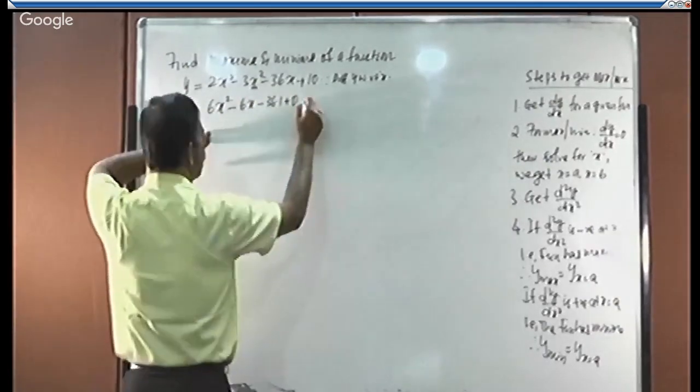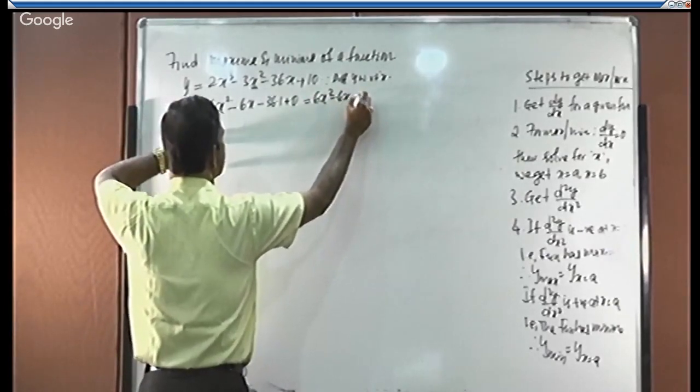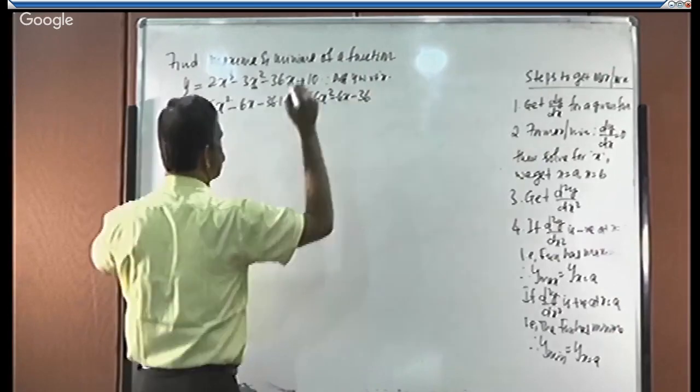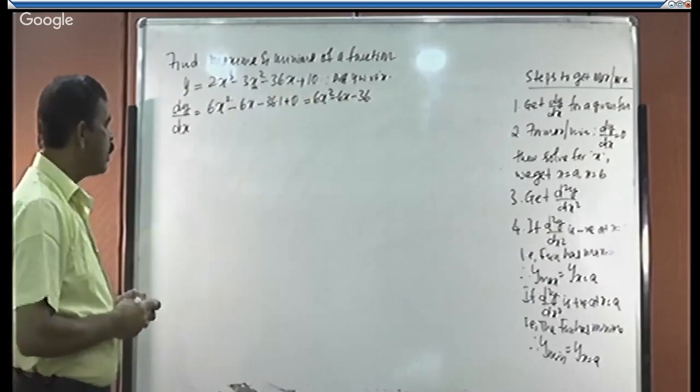So it is equal to 6x square minus 6x minus 36. This is the derivative.